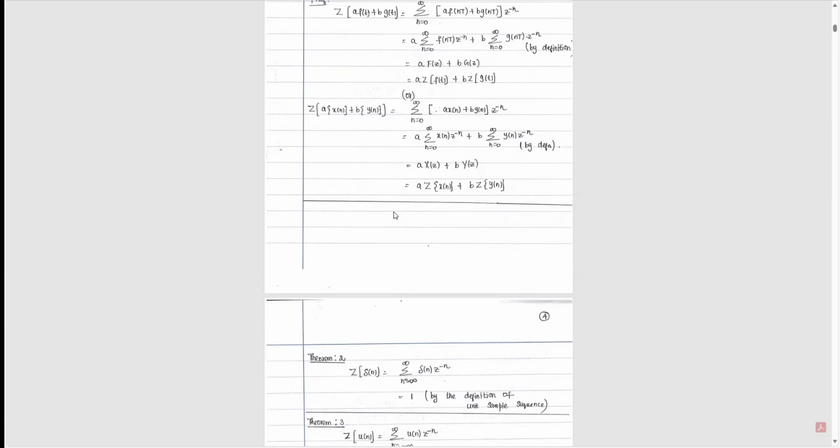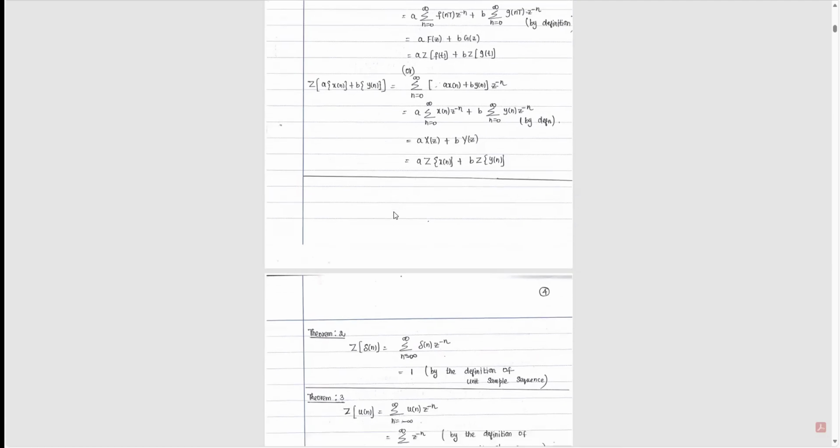See this summation? We have just taken the summation with both, and just taken the coefficients A and B outside, nothing else. So by using the formula, A into the summation n equal to 0 to infinity of f(nT) into z to the power minus n is just F(z), by the definition.